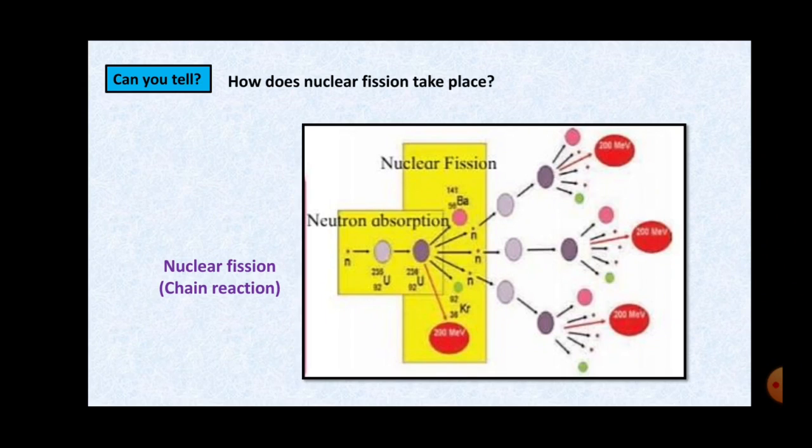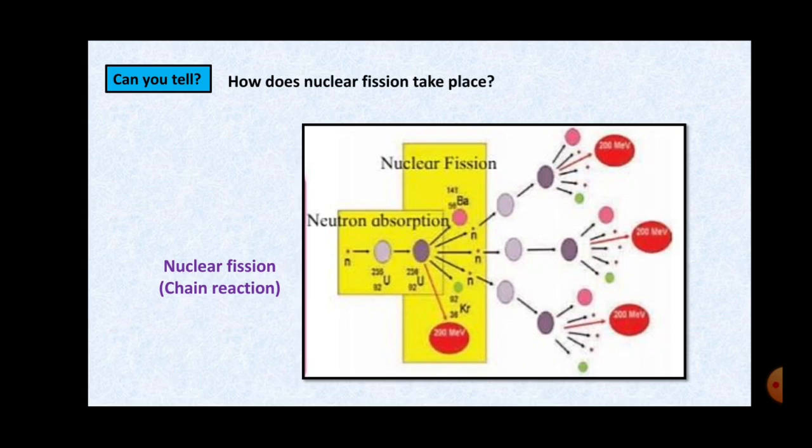You can see in the center three neutrons are released, and on the sides barium and krypton. So these are the five products. Uranium-236 breaks up into barium and krypton, and three neutrons are released. And in this, a large amount of energy is also released.